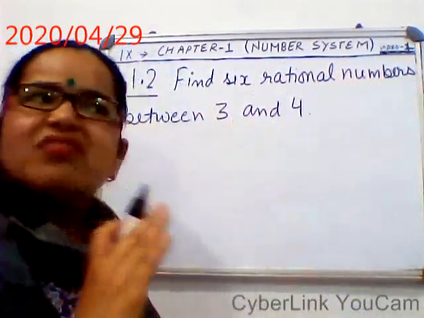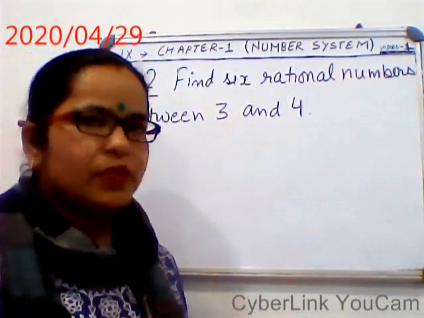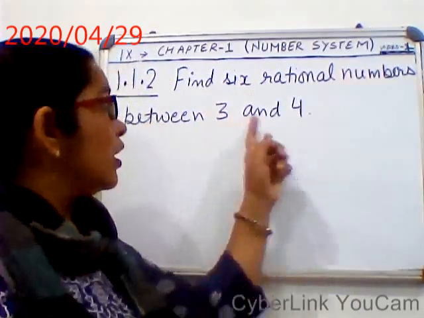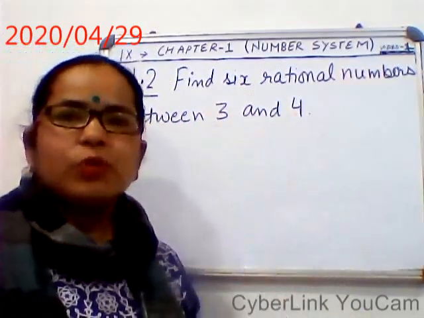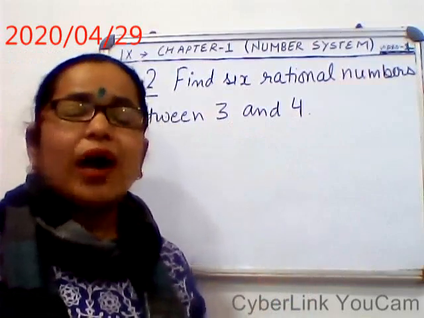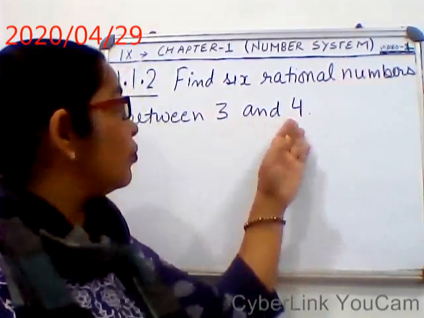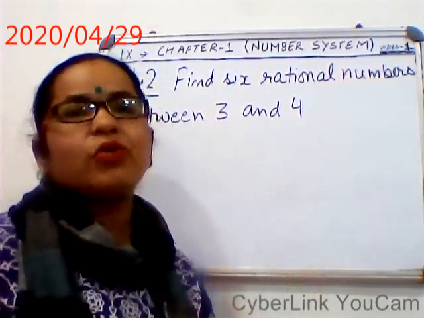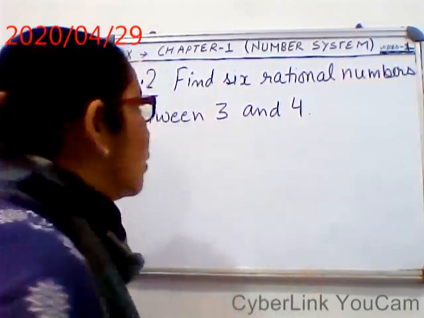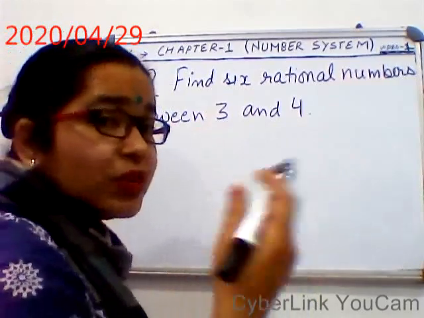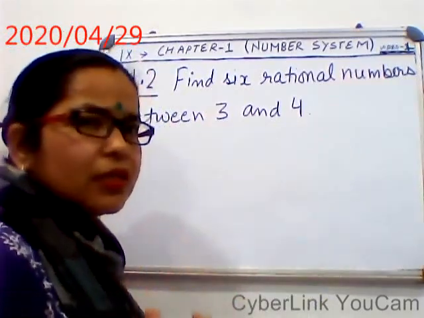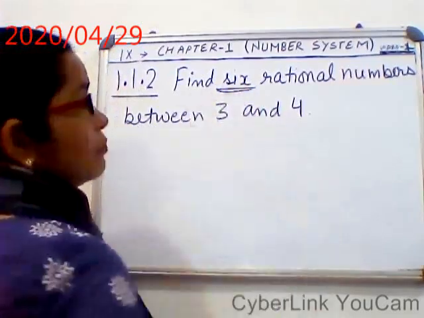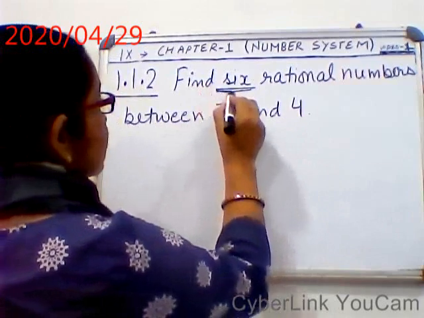You see, between 3 and 4 there is no integer, no whole number, no natural number, because they are two consecutive integers. After 3 it comes 4. So are there numbers that are between 3 and 4? Yes, like 3.5, 7 by 2 we can say. That is one number that lies between 3 and 4, and that is a rational number. But we have to find 6 rational numbers. So you focus upon this 6.